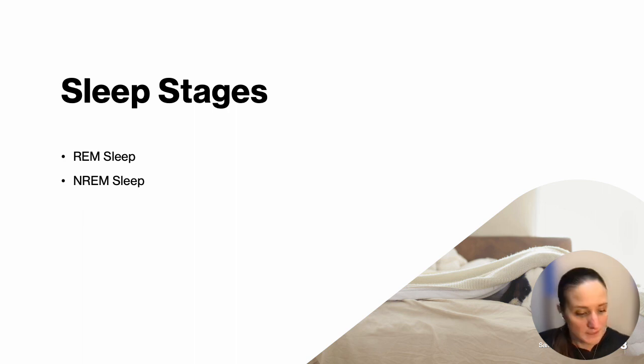REM sleep is a state of sleep characterized by rapid eye movement, and is also often associated with dreaming. Brain areas associated with imagery and emotion are more active during REM sleep.